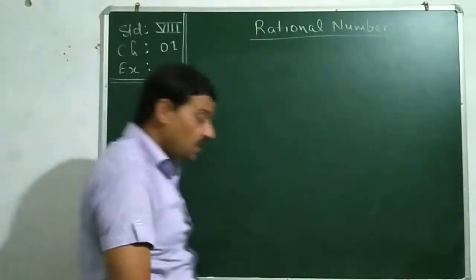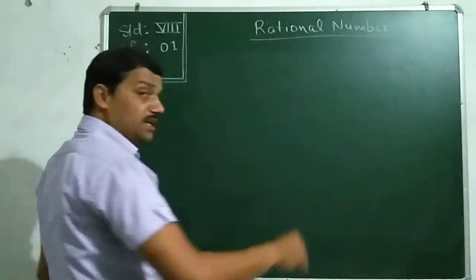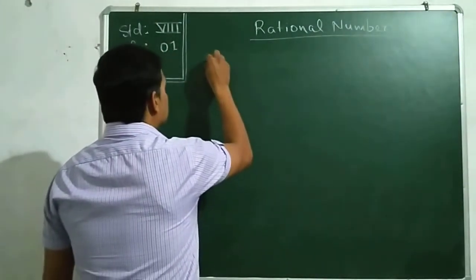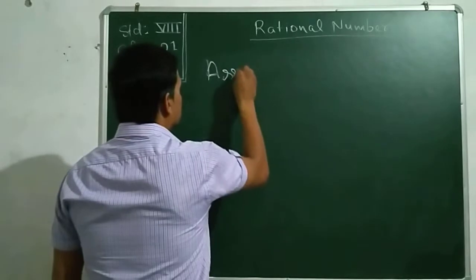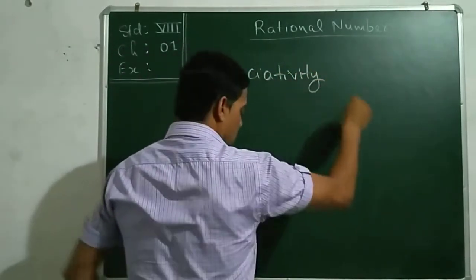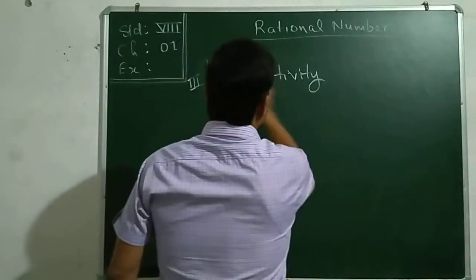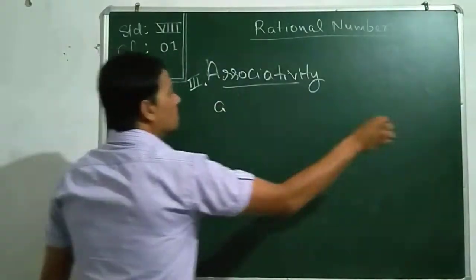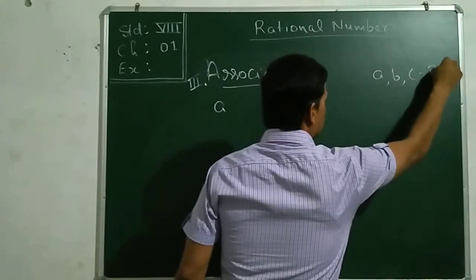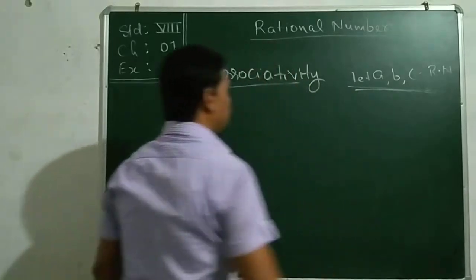You have already learned the associativity of the integers. Very similarly, let A, B and C be rational numbers.